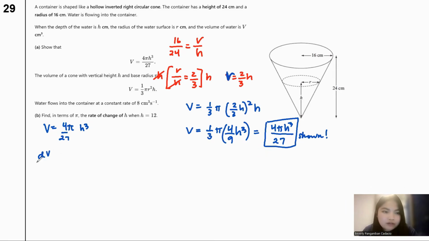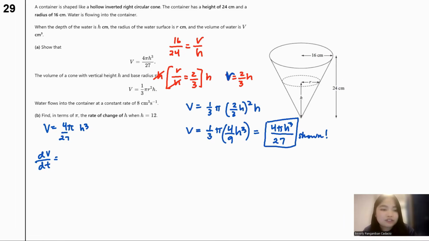So dV over dt for the meantime, okay, what I want to get actually is dh over dt. But what you need to find is get first your dV over dt, then after that, you will have something to cancel and you will have the dh over dt.